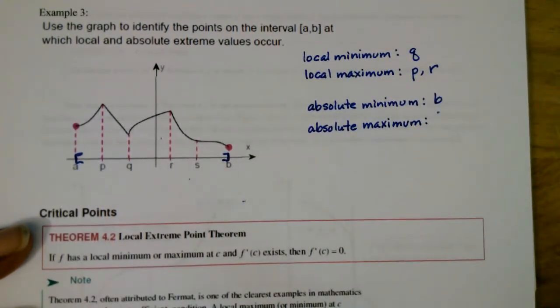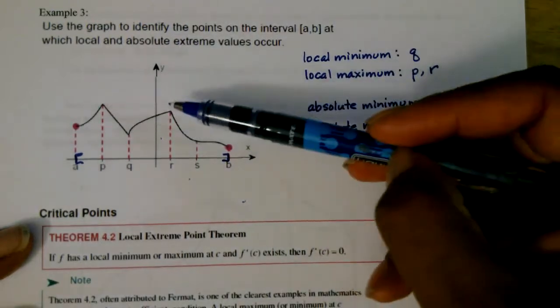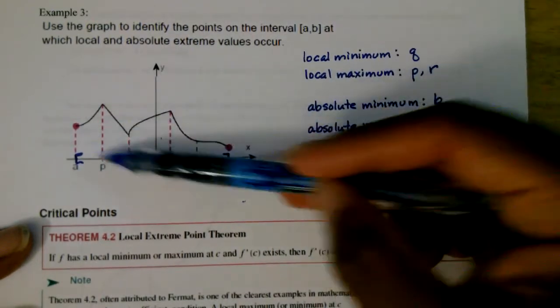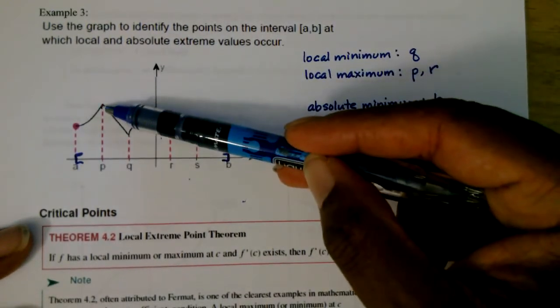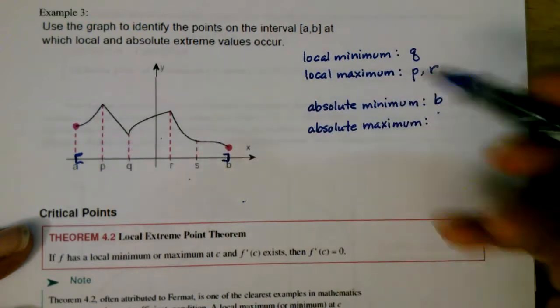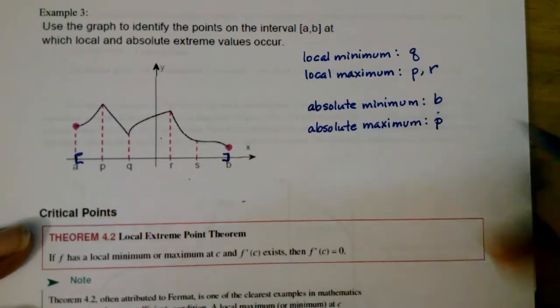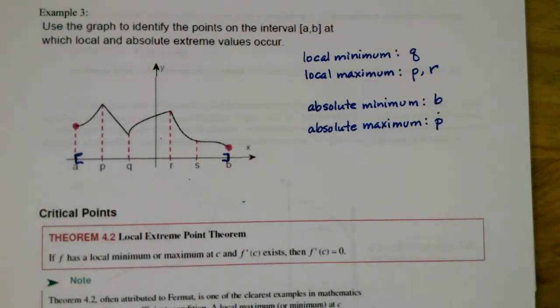Absolute maximum, that's the absolute highest point from A to B, and that occurs right here at x is equal to P. So at P, that's our absolute maximum.